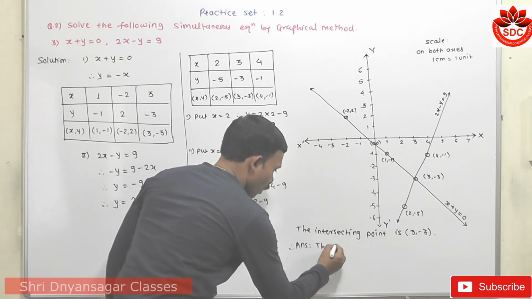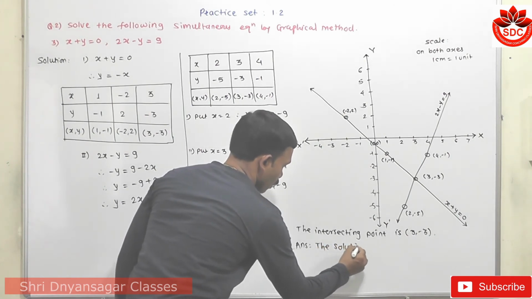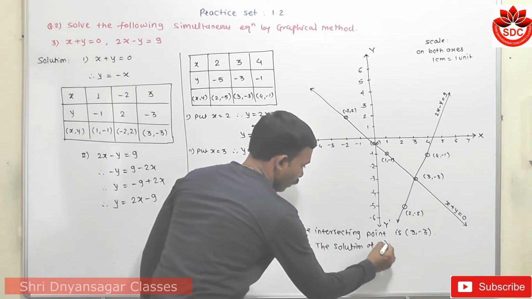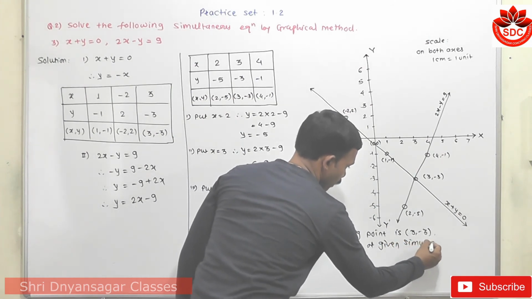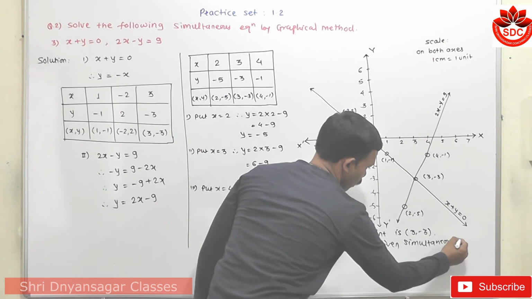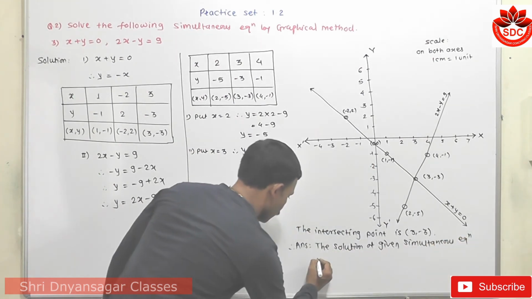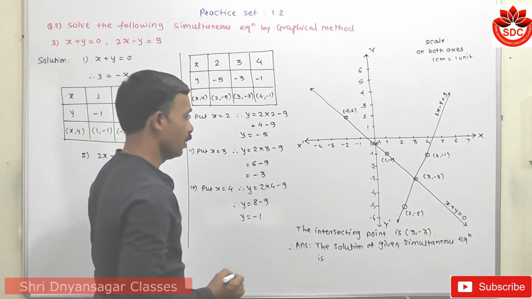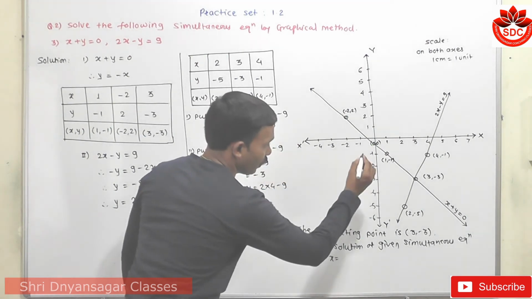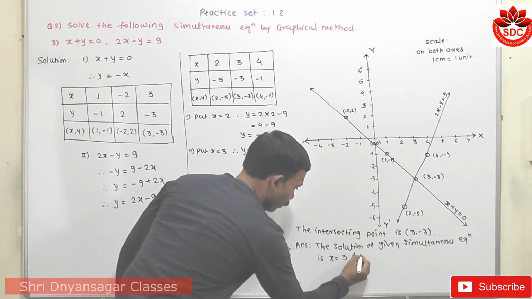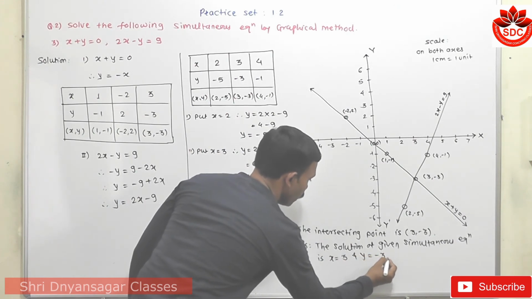Therefore, answer in a full sentence: the solution of the given simultaneous equations is x is equal to 3 and y is equal to how much?